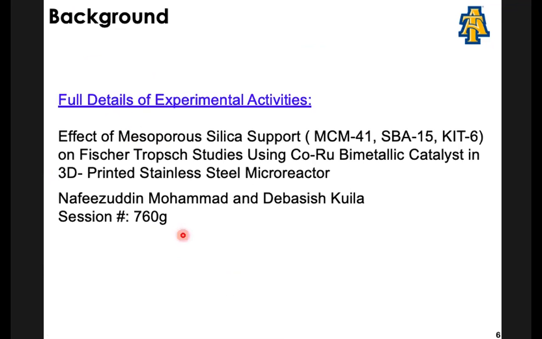So on the background, this talks about the experimental activities that have been done before. Nafiz has done the work before, and Dr. Kuli, and it was about the effect of mesoporous silica support on the Fischer-Tropsch study using the catalyst and the making of the 3D printed stainless steel reactor.